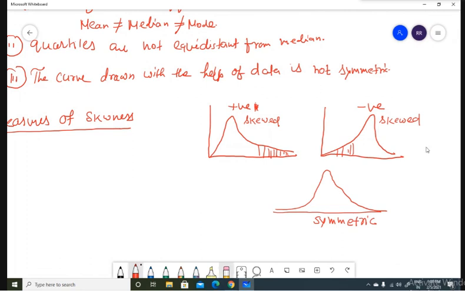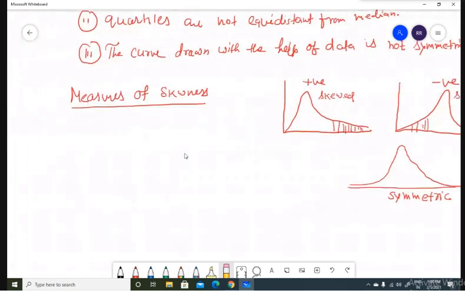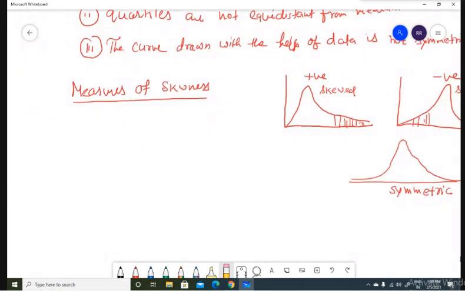Now let us discuss a few measures of skewness. What happens in positively skewed? Okay, we will discuss this later. What is positively skewed and negatively skewed? And the measures of skewness are: SK is equal to mean minus median.